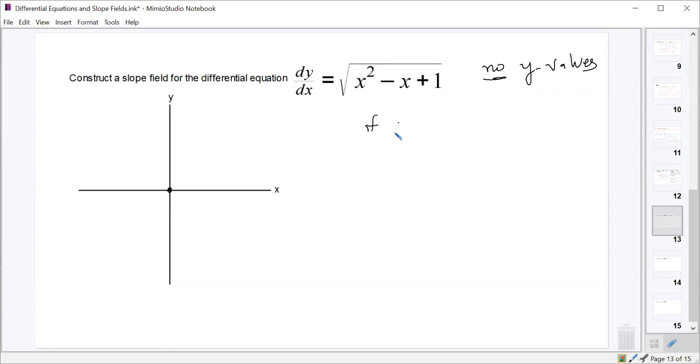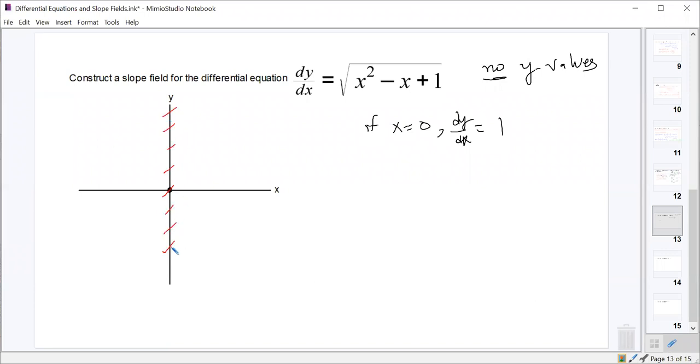So if x equals 0, what does dy/dx equal? One. Should be 1, right? Slope of 1. That doesn't look very good. Let me use a different color. I'm just going to draw a bunch of them when x is 0.